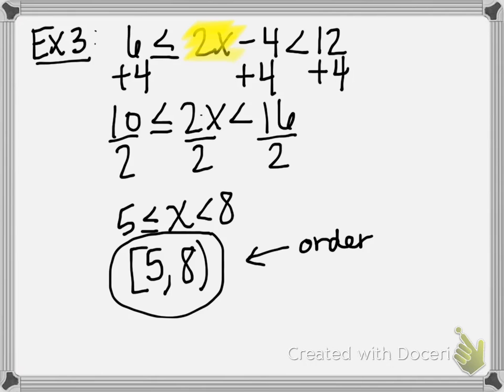If you were to think about those on a number line, are they in the correct order? Isn't 8 larger, so it should be on the right? Okay, so just check your order real quick, make sure that makes sense, and then you can call that a good answer. So this compound inequality was an and. It's an intersection. We're going to do an or, which is a union, next.